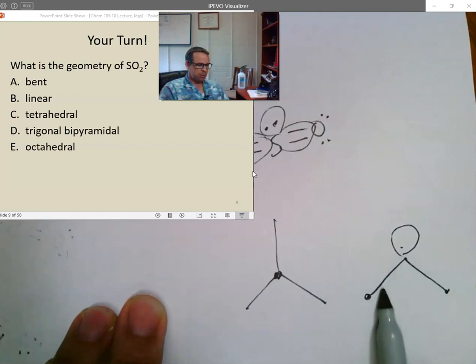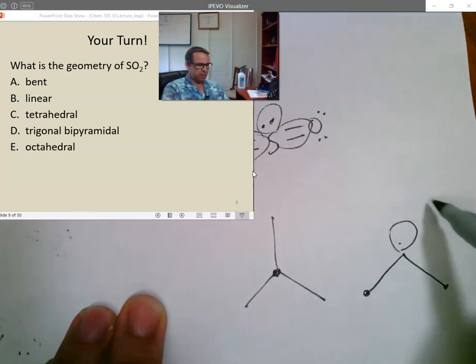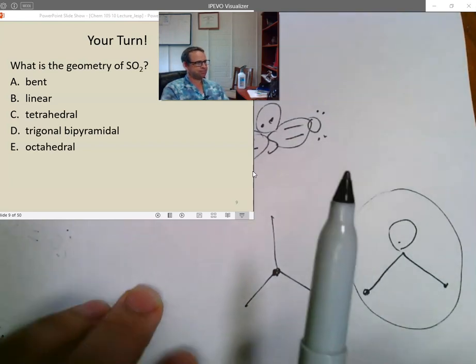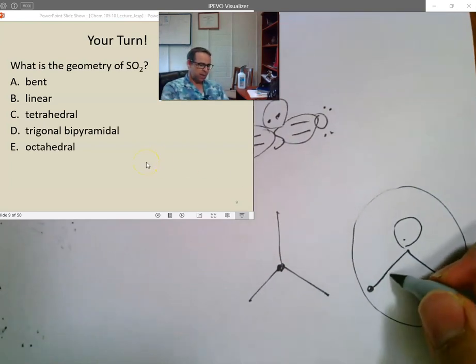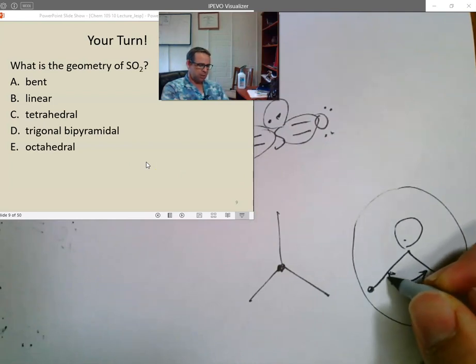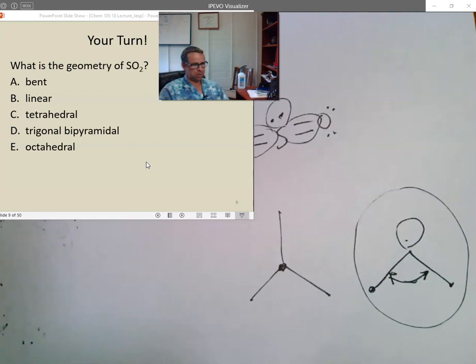The resulting shape of the molecule is different than the shape of the electron density, right? So this one is trigonal planar. Emily, do you have any idea what we would call that one? Would it be bent? Bent, that's right, bent. And Emily, what's the angle here, did we say? 120. 120, very good. Excellent.